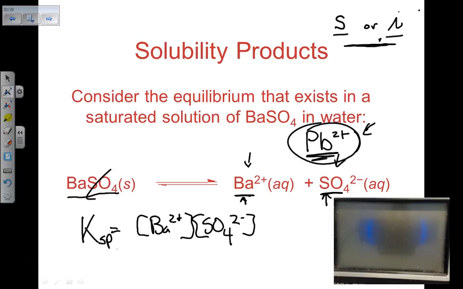Okay, and so this is how we measure the solubilities of things that are very slightly soluble, or sometimes you'll see sparingly soluble, or even things that we consider insoluble. All of these compounds have some solubility in water.